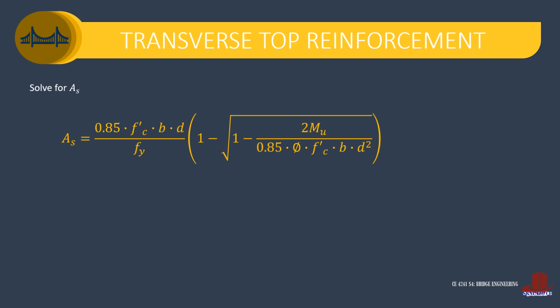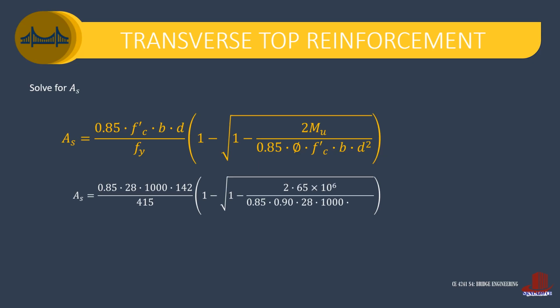Solve for As with F'c of 28, b of 1000, d is 142, Fy is 415, and Mu is 65. The required steel area is 1,335 square millimeters per meter.